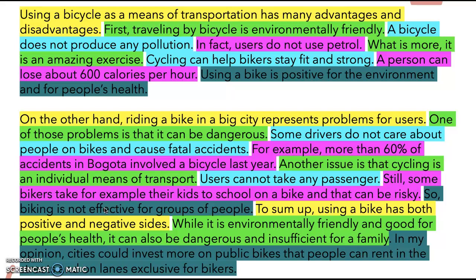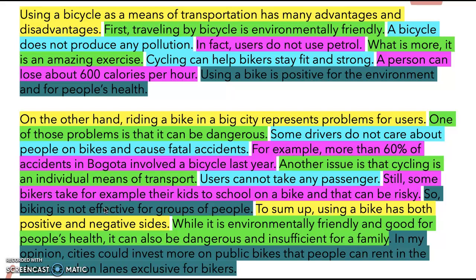Then this text shows the first advantage, and it is that using a bike is environmentally friendly, followed by a support and an example or a piece of evidence. Then the second advantage is that it is an amazing exercise, followed by its support and an example. And at the end, we have the closing sentence for that first paragraph.